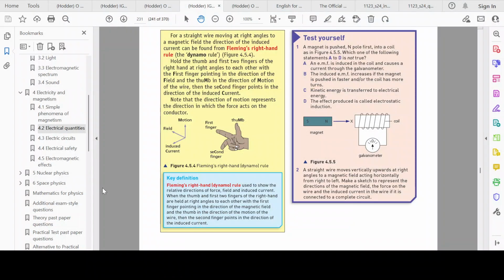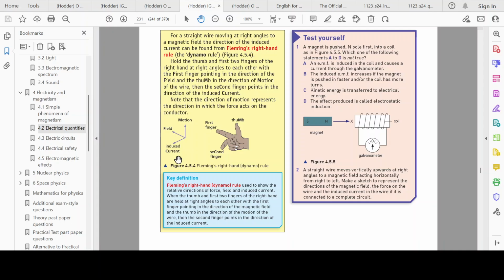And so the first finger represents the direction of the magnetic field, the thumb is the direction of motion, and the second finger is the direction of the induced current.